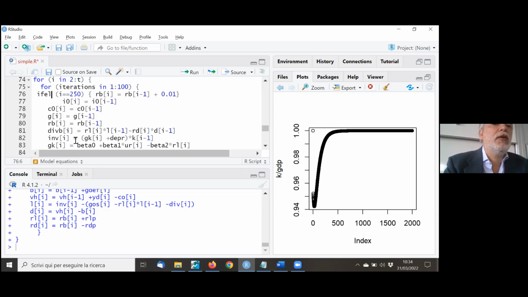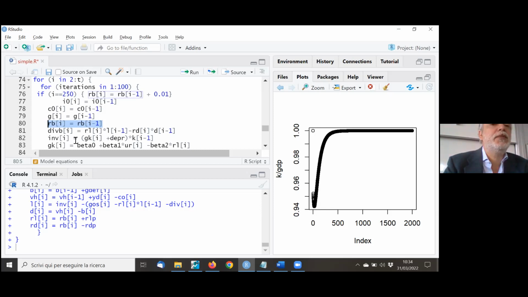If you say I equal to 250, it means that the change will take place only at I equal to 250. But it is a step, and then at 251 it will copy the previous value, so it will still be okay.